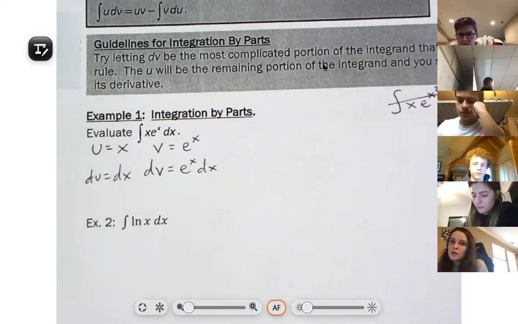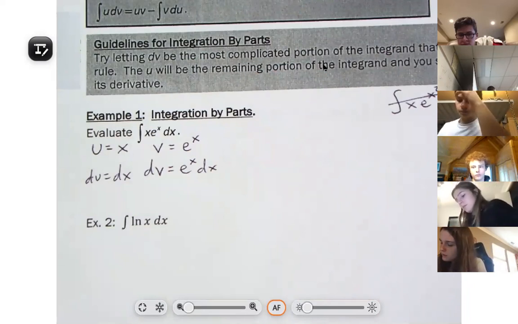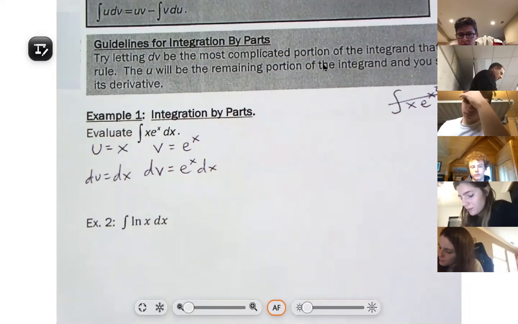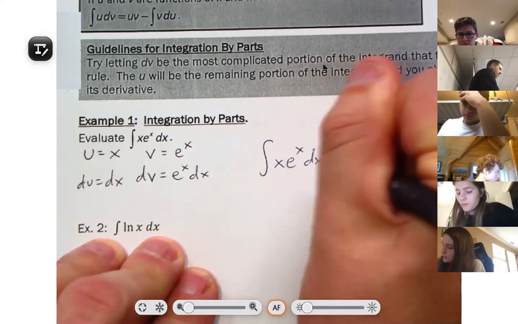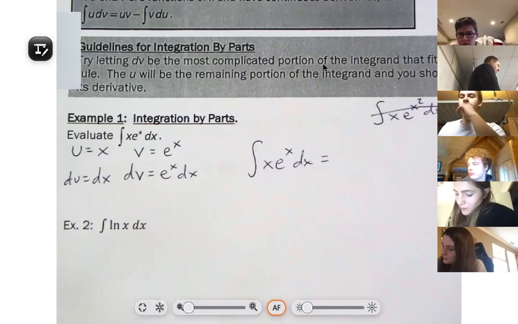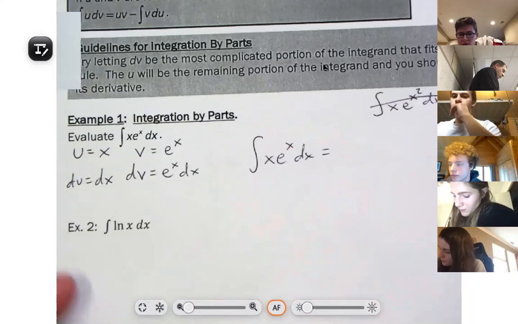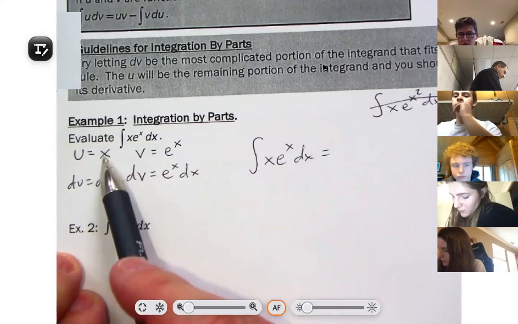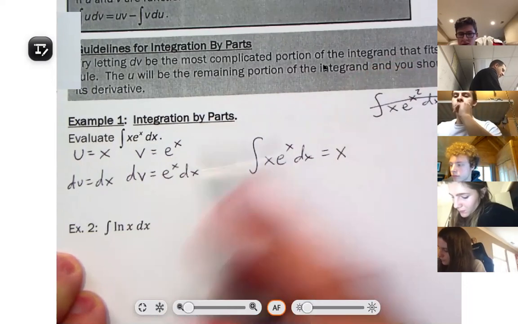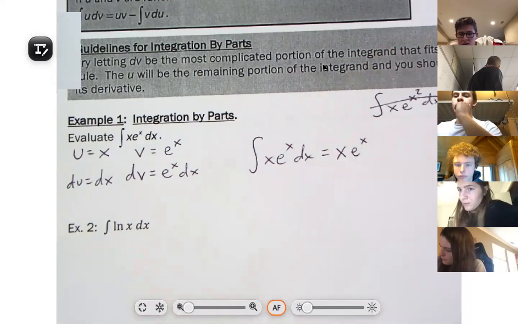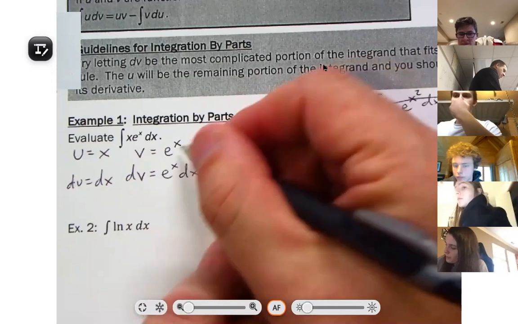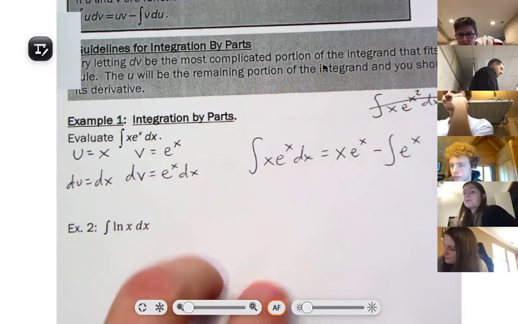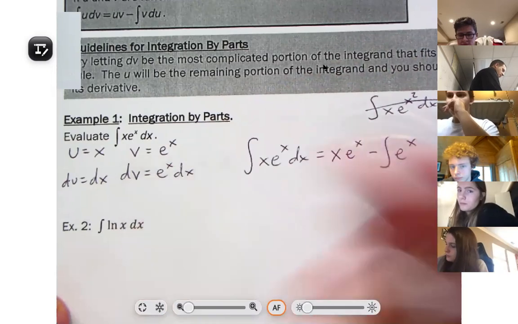Once you have these four things, the hard part's done. Now it's just plugging it into ultraviolet voodoo and going from there, because we have all four components. So our integral of x e to the x is going to be the same as uv minus the integral of v du. u is x, v is e to the x, so that's the uv part, minus the integral of v, so e to the x, du, which is dx.